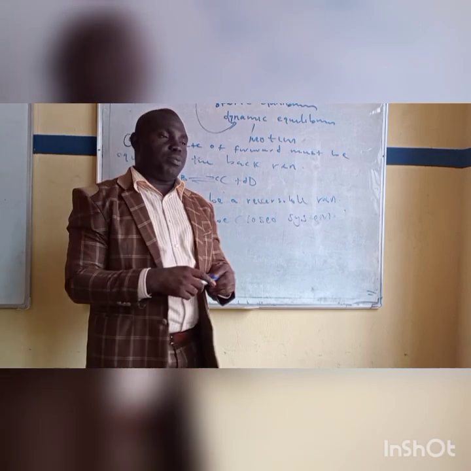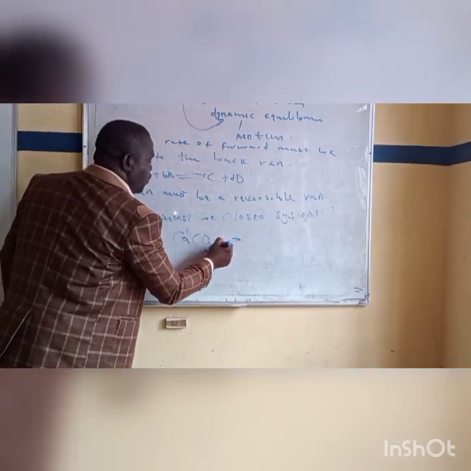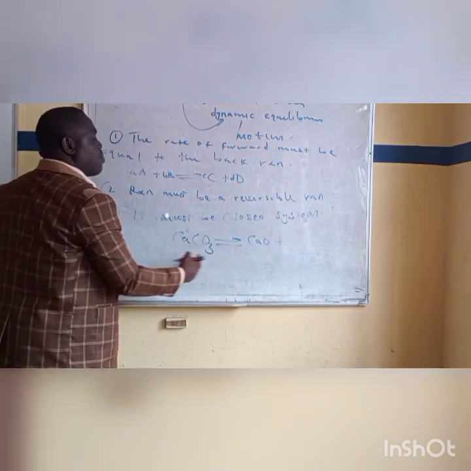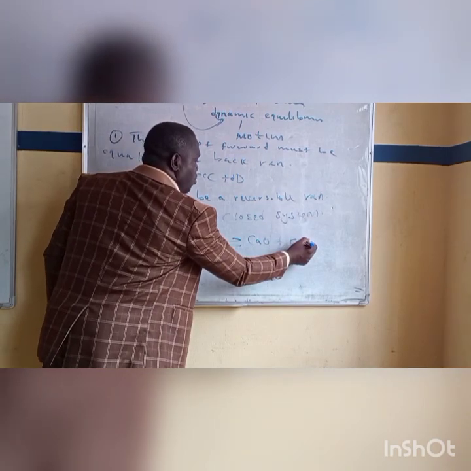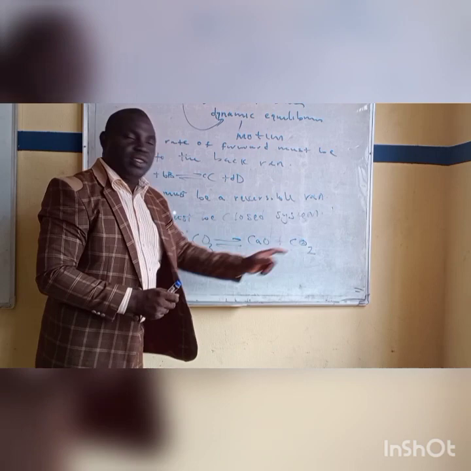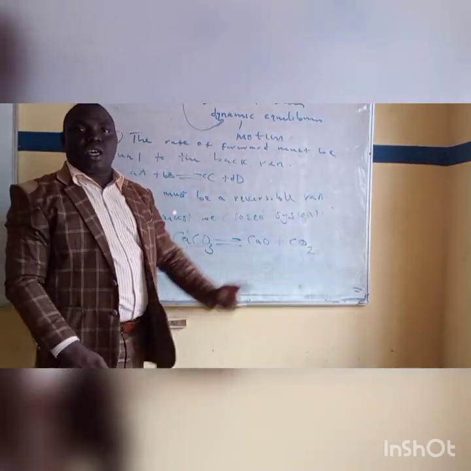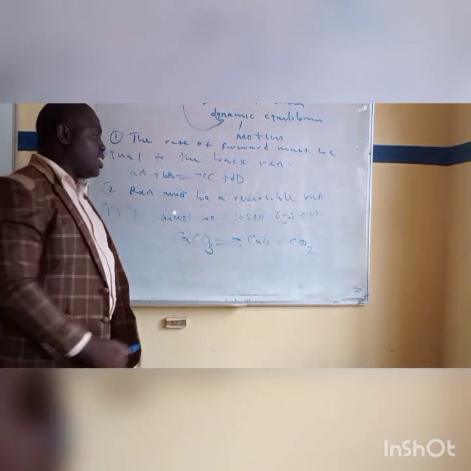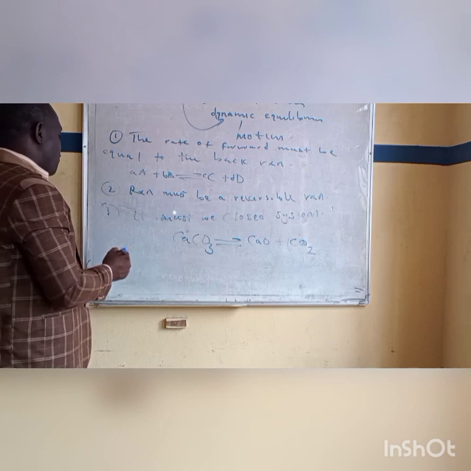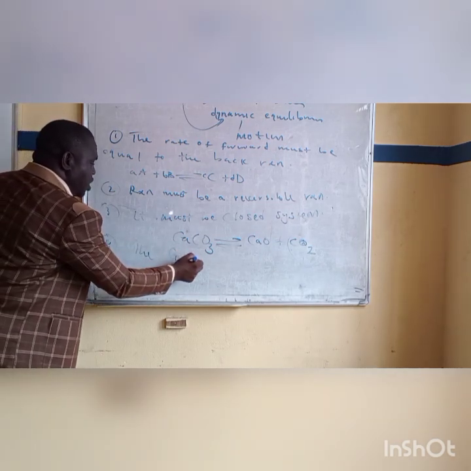You have something like calcium trioxocarbonate(IV), which decomposes to calcium oxide, which you know as quicklime, and then carbon dioxide. In a closed system, this carbon dioxide gas cannot escape.